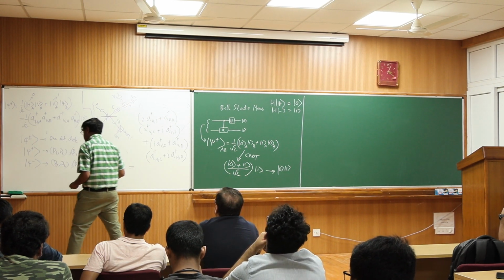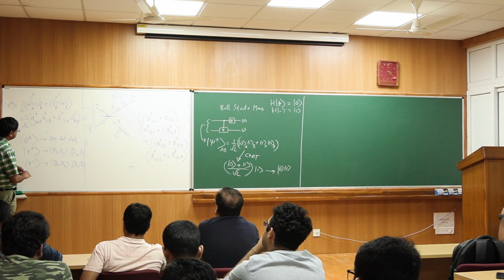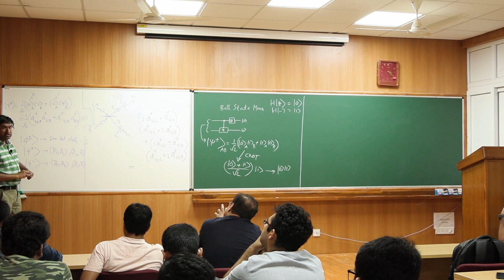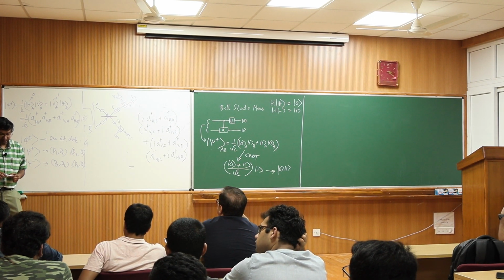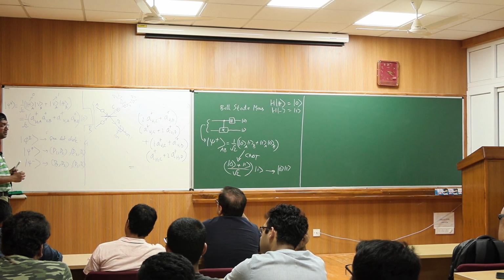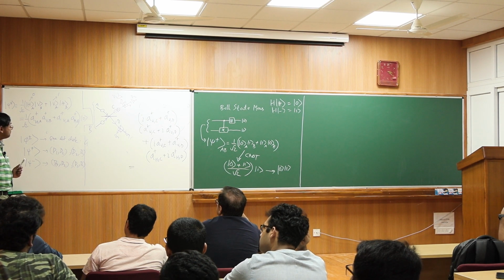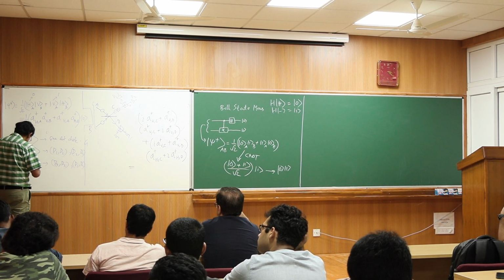But the point I wanted to make before moving on from this topic is that most of the time, when we talk about entanglement, even Bohm's EPR spin entangled state, like up down plus down up, you are implicitly using two labels. You really need two quantum numbers.